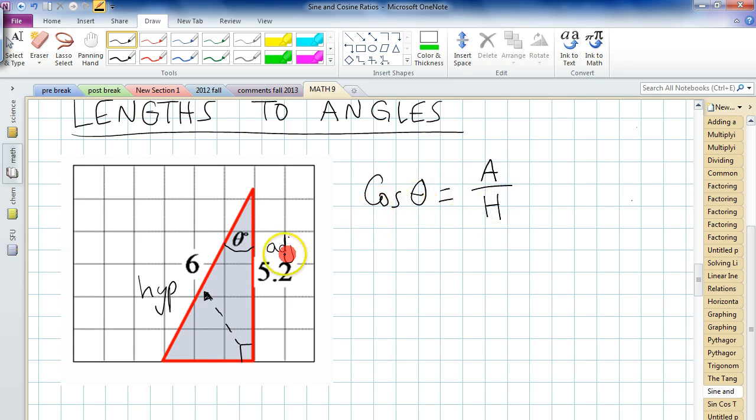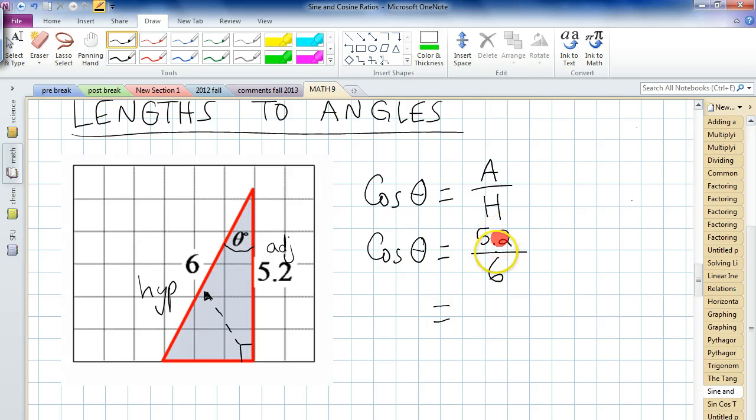So again, we labeled the triangle, figured out which formula to use, and sub in our numbers. So cosine, we don't know what the angle is, but just call it theta, or leave it as theta. The adjacent side is 5.2. Hypotenuse side over here is 6.